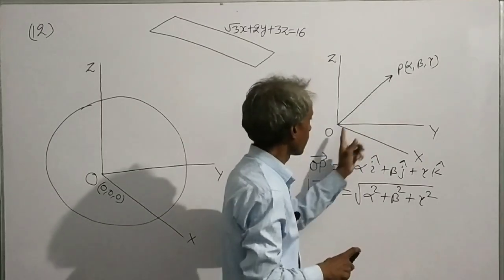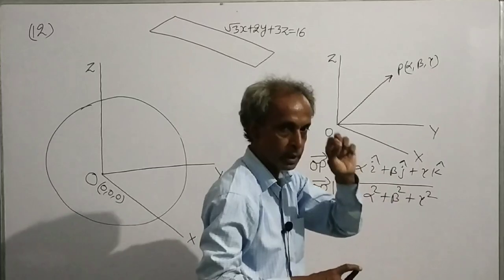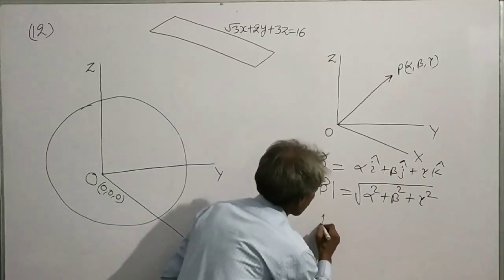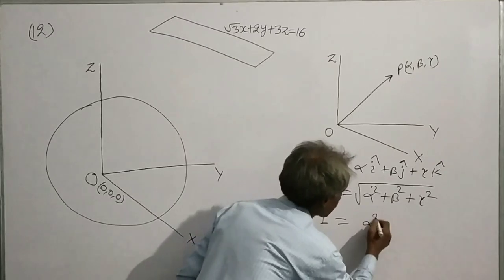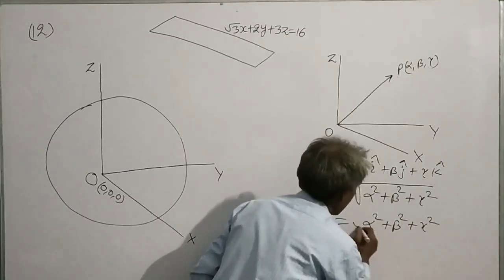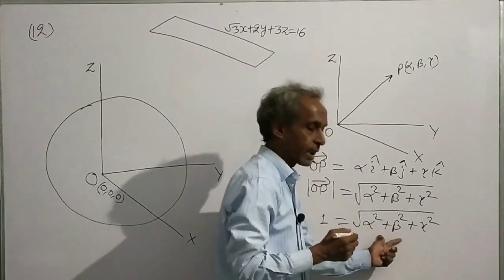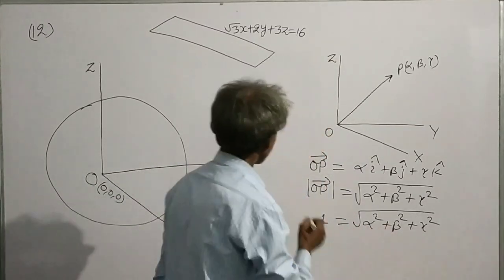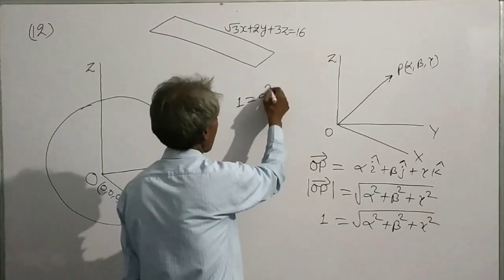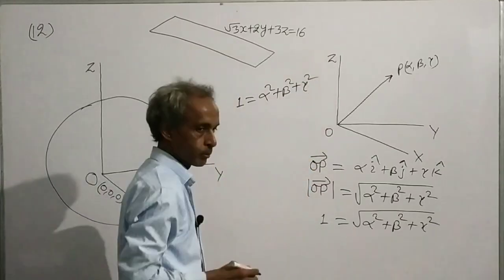Since P is at a distance of 1 unit, the length of OP will be equal to 1. Therefore 1 is equal to the square root of alpha square plus beta square plus gamma square. Squaring both sides, we get 1 is equal to alpha square plus beta square plus gamma square.